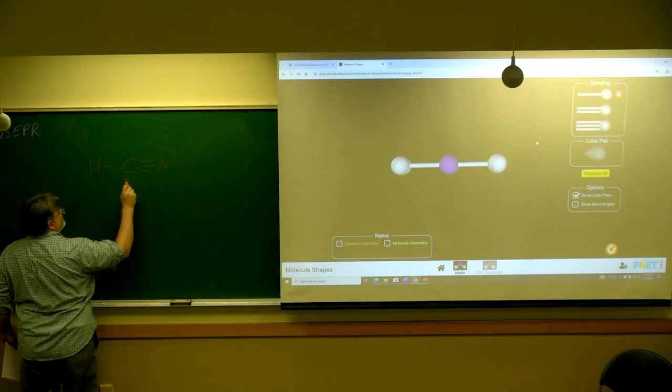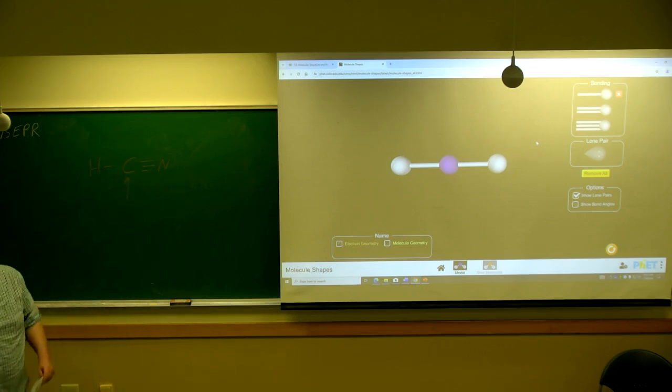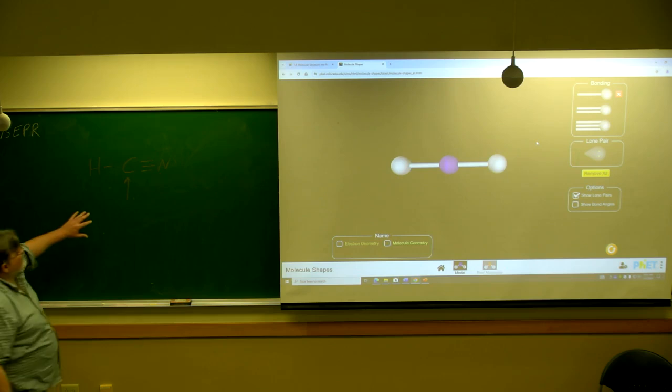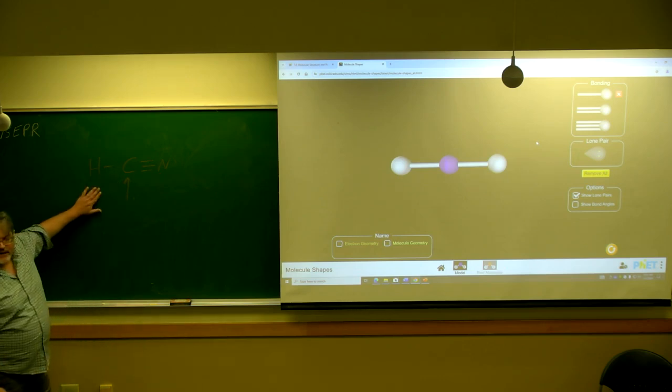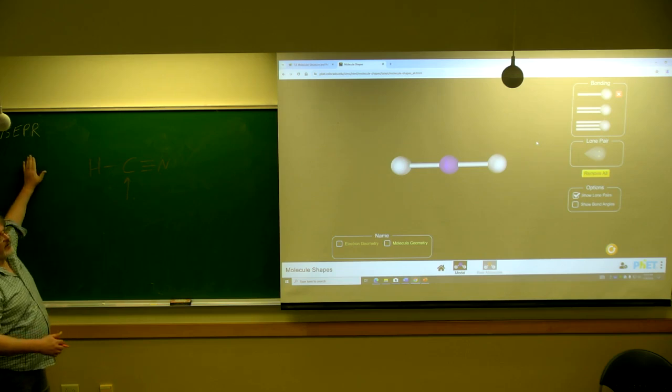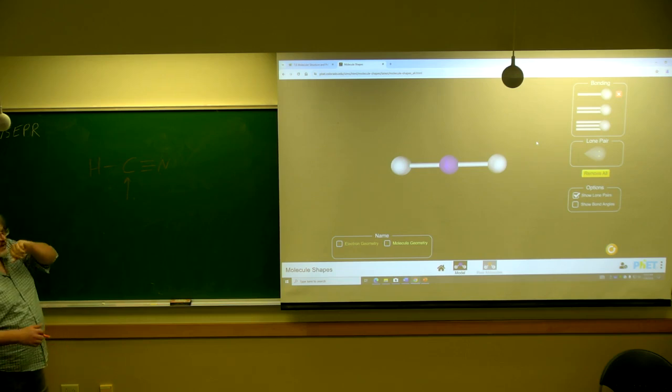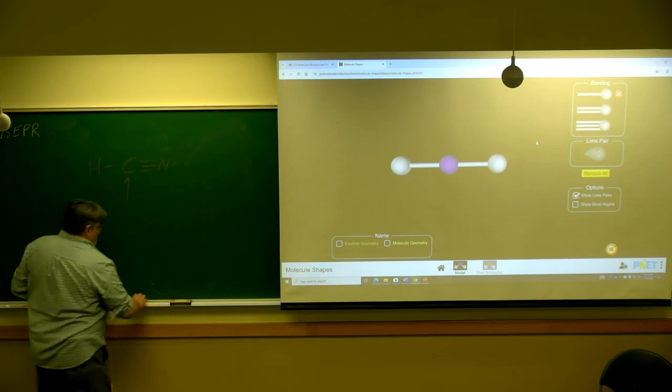So if I was focusing on carbon, what is the shape around carbon? Every time we draw these diagrams, they're always flat in this 2-dimensional plane, but not all molecules are flat like that. So valence shell electron pair repulsion theory helps you predict what the shape is.